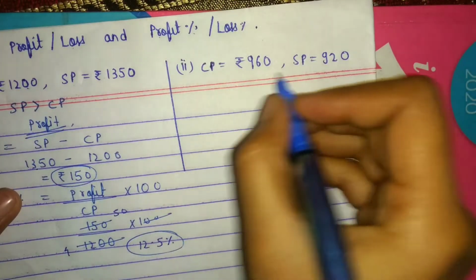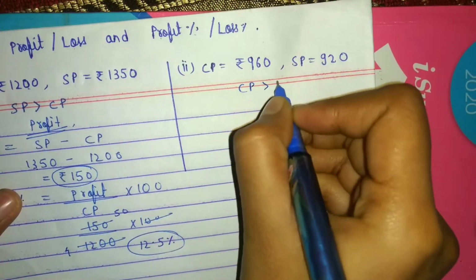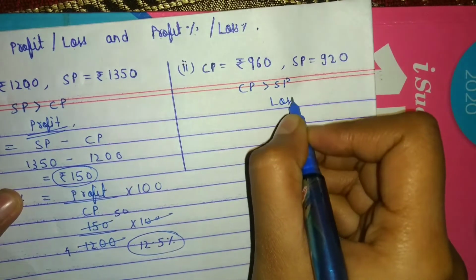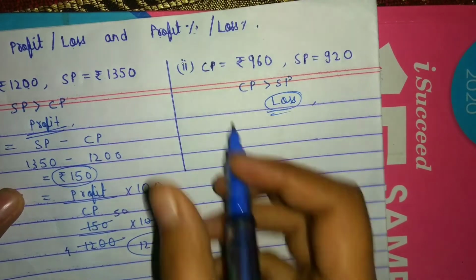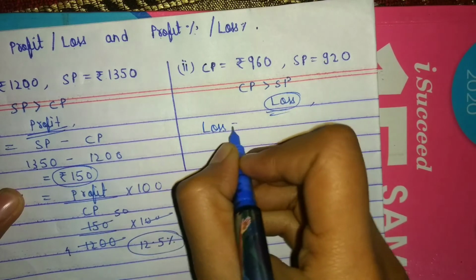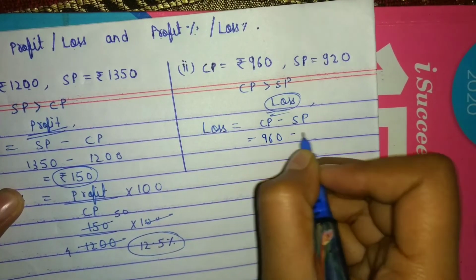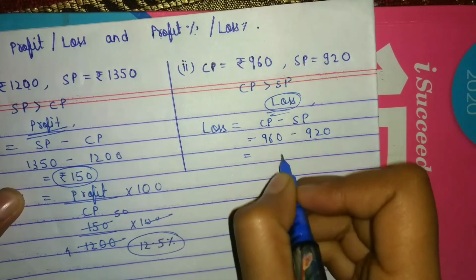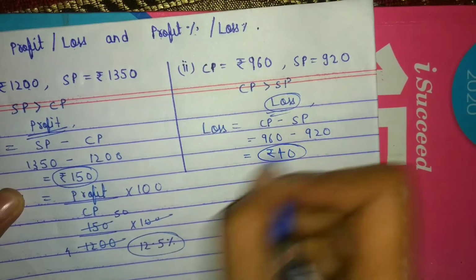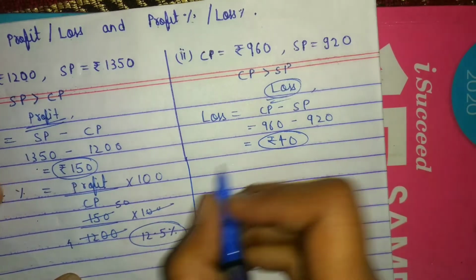Now here we can see that CP is greater than SP, so loss is happening. Loss is equal to CP minus SP. 960 minus 920, so 40 rupees. We will be having a loss of 40 rupees.